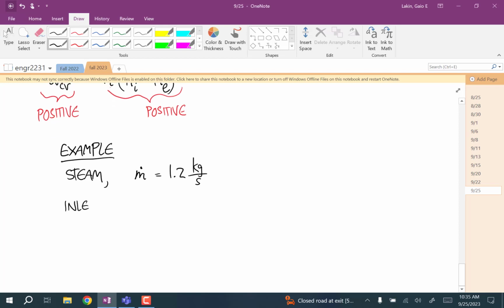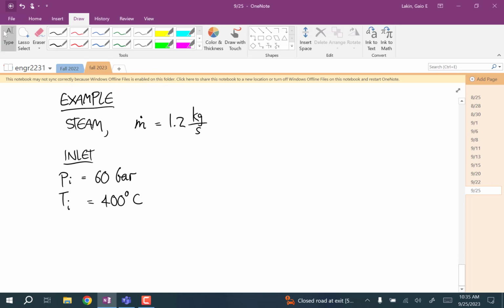And at the inlet, we have an inlet pressure of 60 bar, an inlet temperature of 400 degrees Celsius, an inlet speed of 10 meters per second.